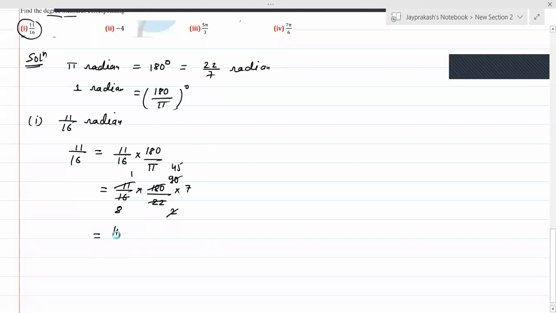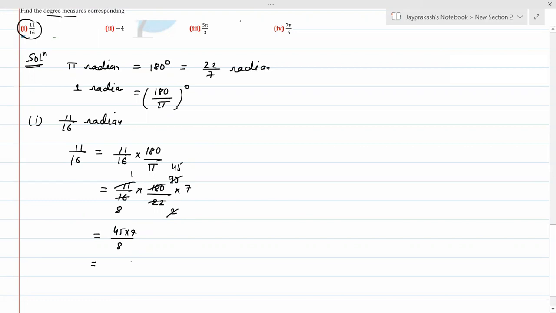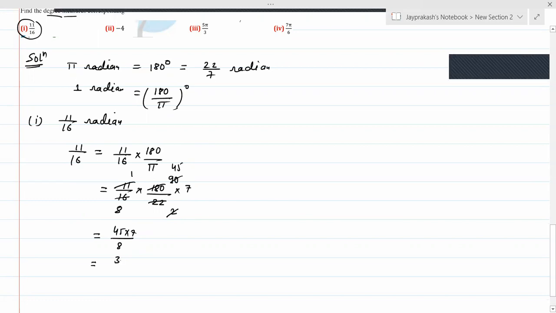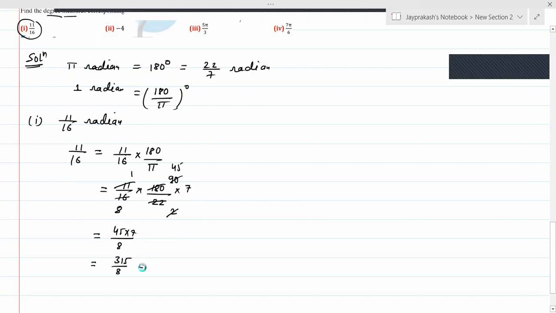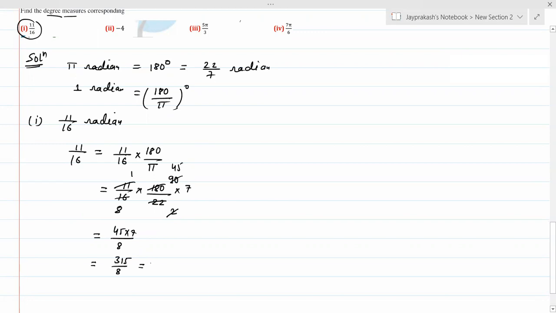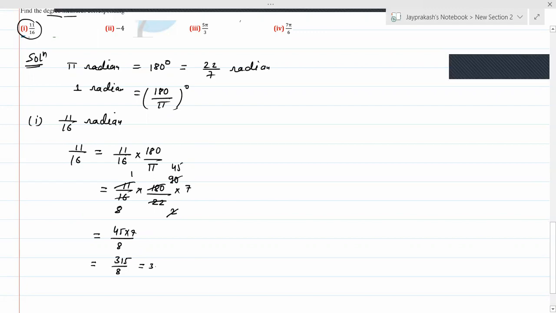So finally we have 45 into 7 upon 8. So 45 times 7 is 315 upon 8. And now if you need to change it into a mixed fraction, you can do it. 8 times 39 is 312, remainder 3. So it's 39 integer 3 by 8 degree.